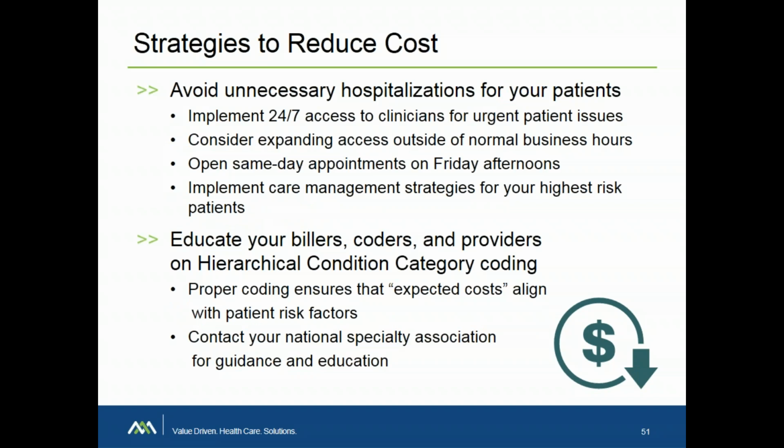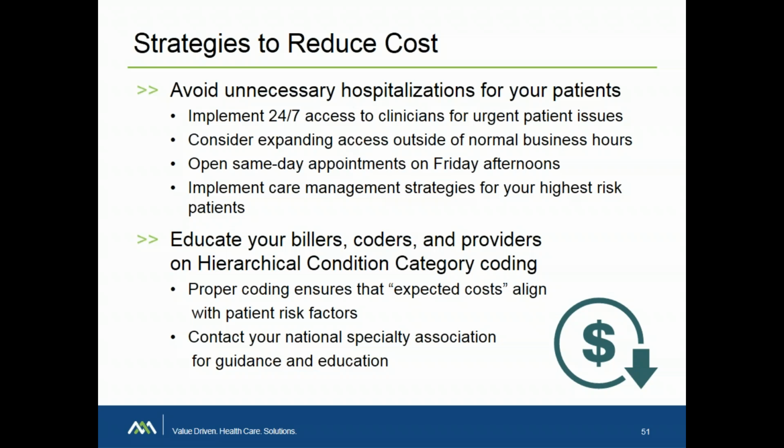Do whatever you can to avoid unnecessary hospitalizations for your patients. Some hospitalizations are not unnecessary, they're critical. They can't be avoided, but many can be. So essentially what you want to do is make sure that your patients in the outpatient setting have the access they need to your providers to identify whether or not it's appropriate for them to go to the hospital.